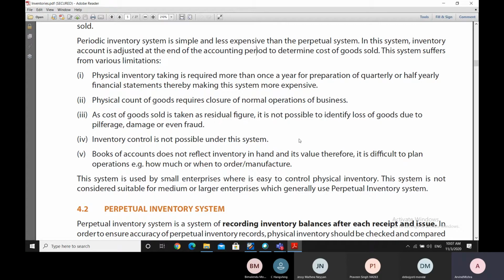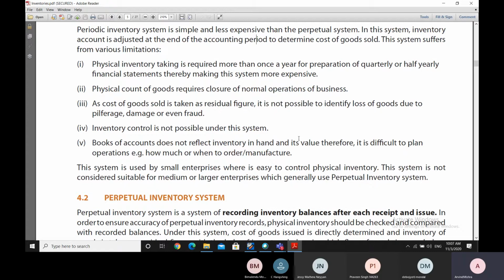Now, the books of accounts do not reflect the inventory in hand and its value. Therefore, it is difficult to plan operations. For example, how much or when to order or when to manufacture more. It is not possible to plan that because the inventory in hand is not constantly reflected in the books of accounts.